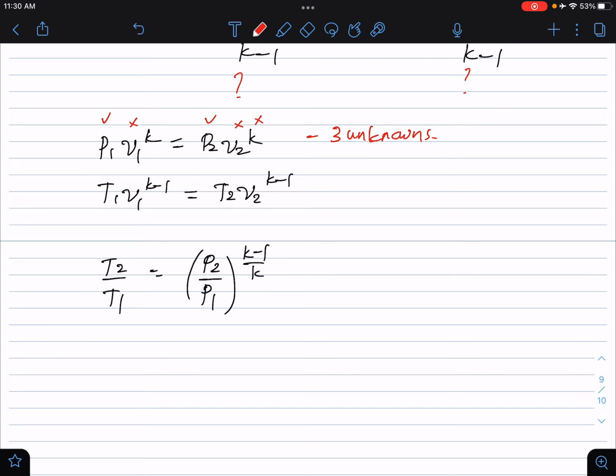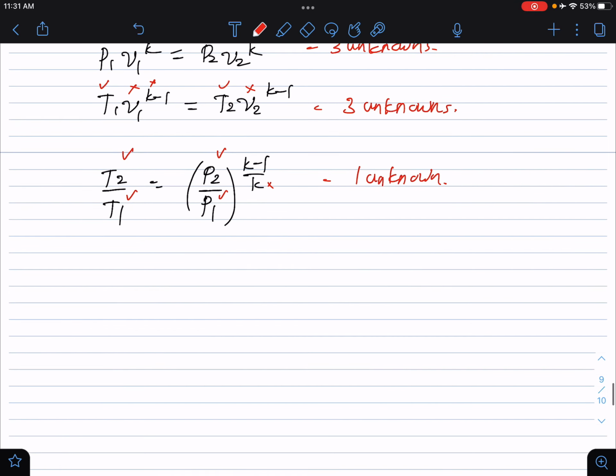Let's check the second equation: T1 yes, V1 no, k no, T2 yes, V2 no. Also the same 3 unknowns. How about the last one? T2 yes, T1 yes, P2 yes, P1 yes, and then we only have 1 unknown. With one equation and one unknown, you can directly get the value of k. So we can use the third equation.